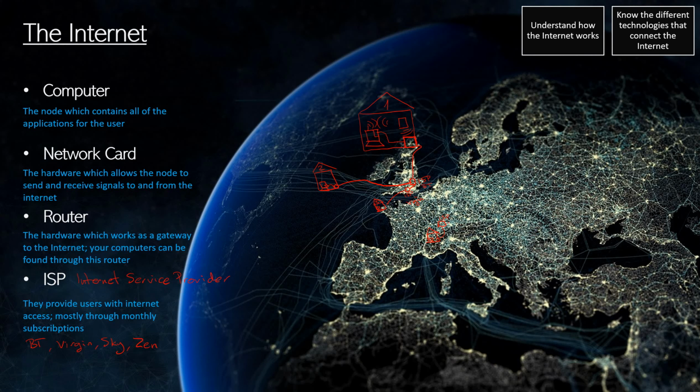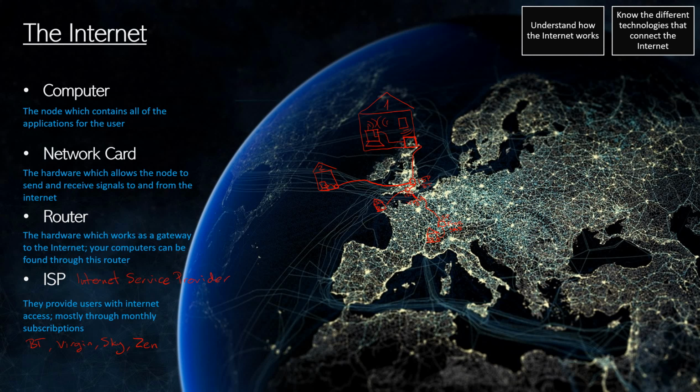For example, I believe in France there's one called Free SAS, if I'm not mistaken, which will then be linked to other countries through cables that run underneath the water, which provide the connection between countries. So these countries will be connected through ISPs, which will be connected through the routers, which is the gateway, which will enter the home and deliver the data to the correct device.